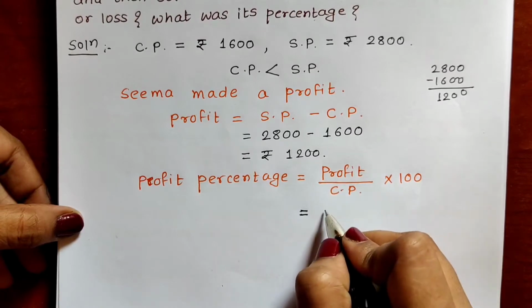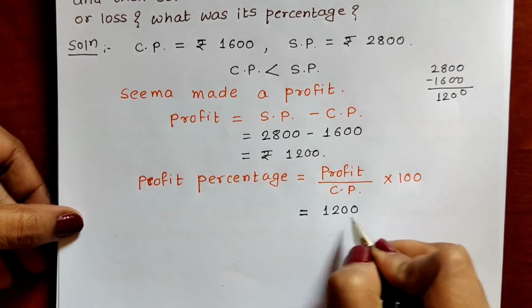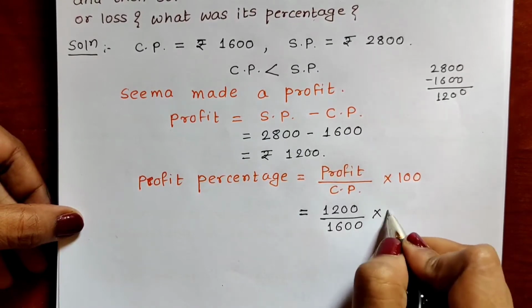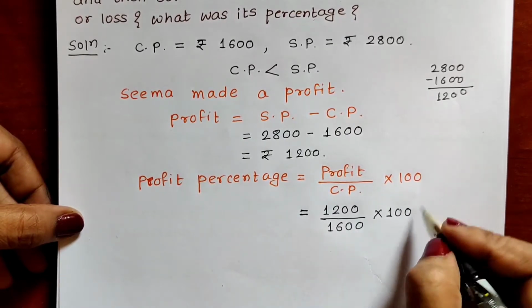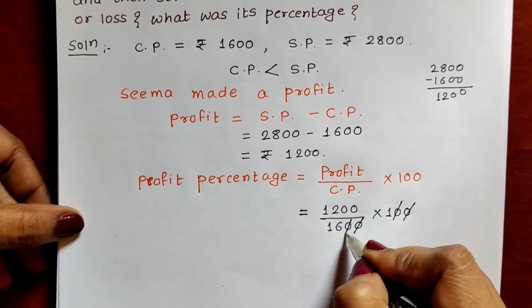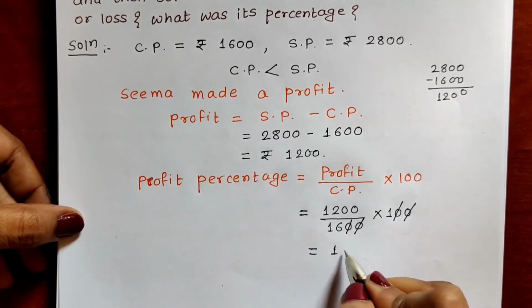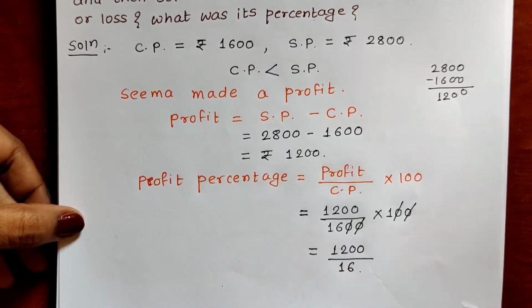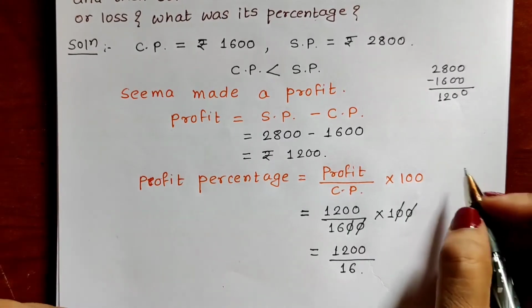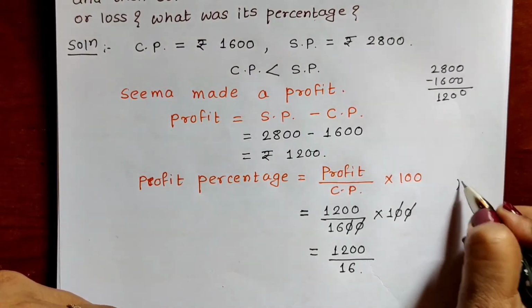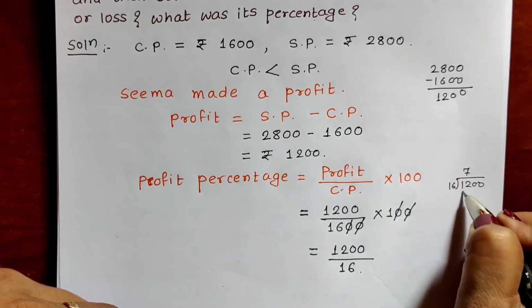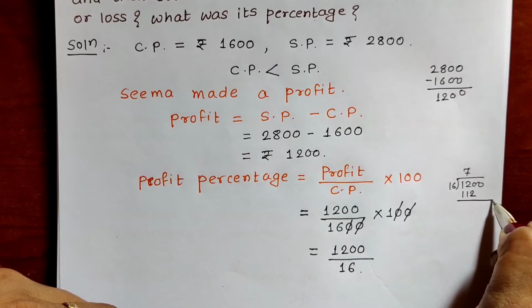Profit is 1200, cost price is 1600 multiplied by 100. These two zeros cancel with these two zeros. What is remaining? 1200 divided by 16. So if you know the table of 16, it becomes very easy to divide 1200 by 16. 16 sevens are 112.